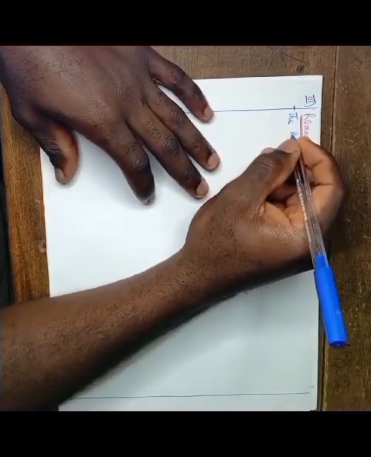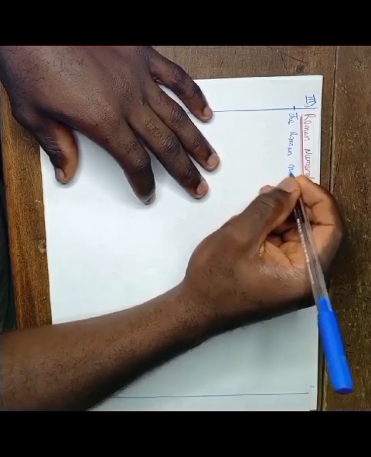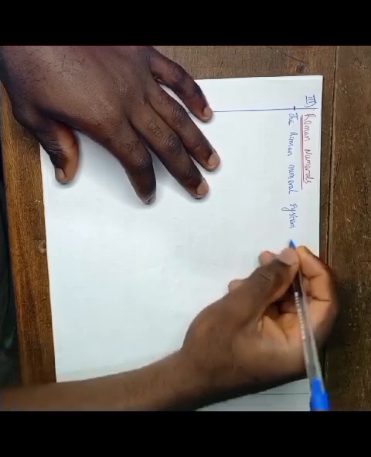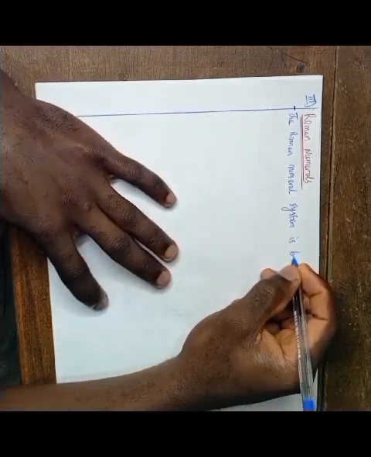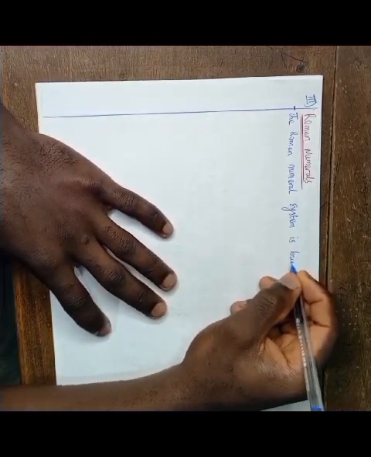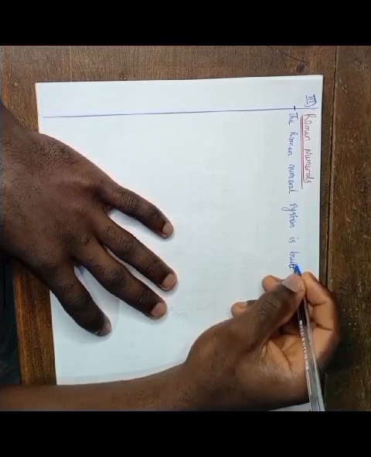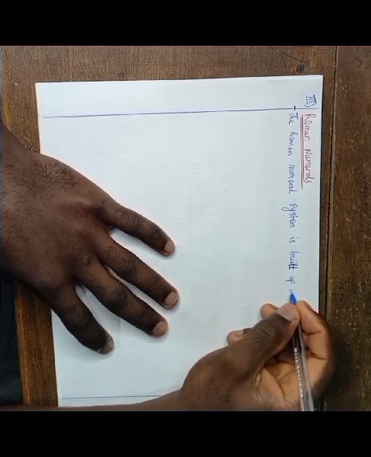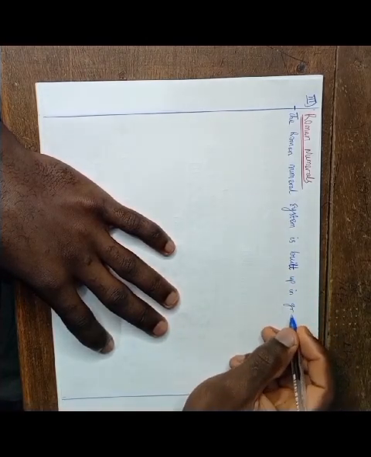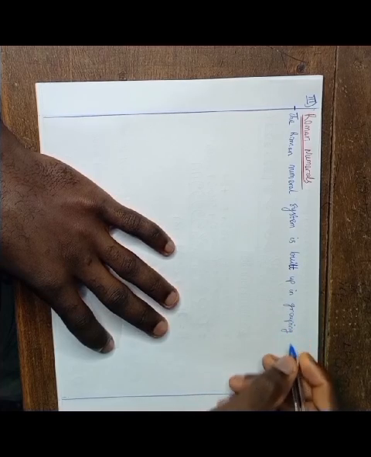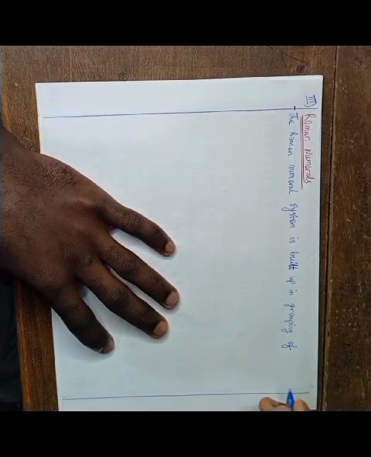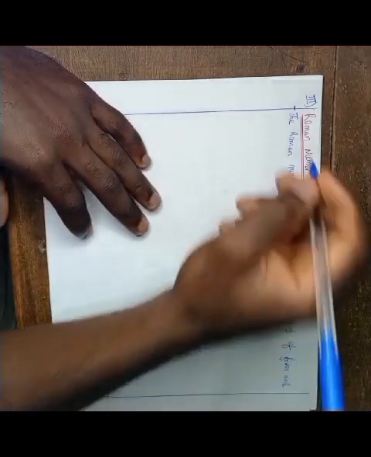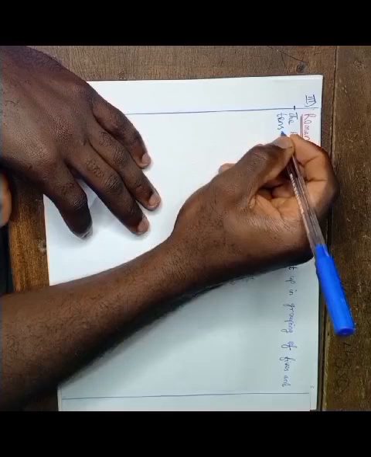The Roman numeral system is built up in grouping of fives and tens.